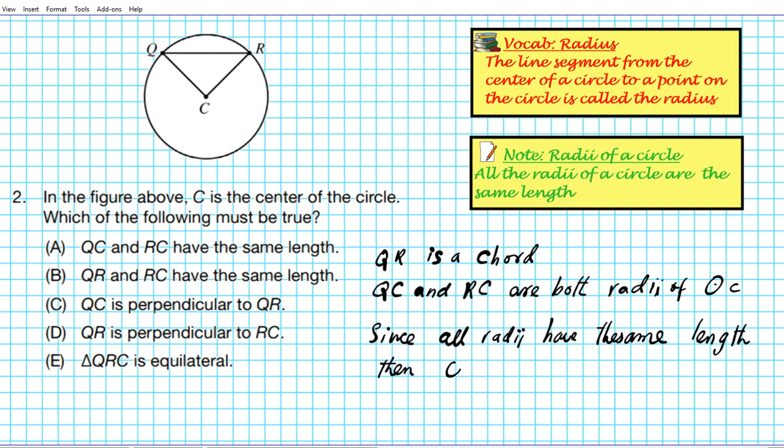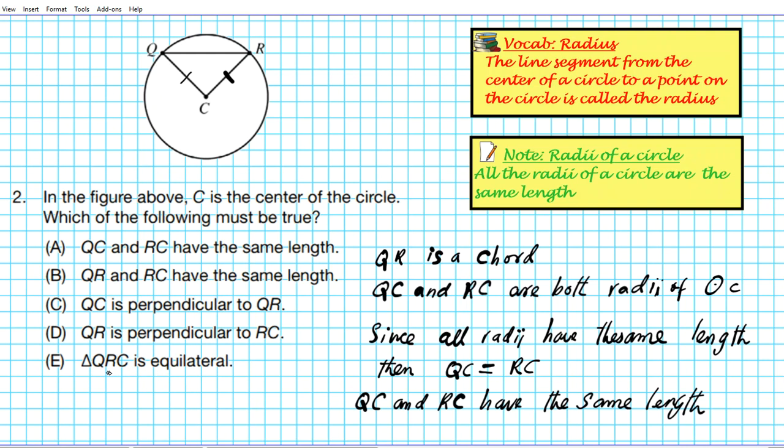Then QC is equal to RC. So we can just basically state that QC and RC have the same length. This segment here is congruent to this segment. That is all we know. We know that that is true.